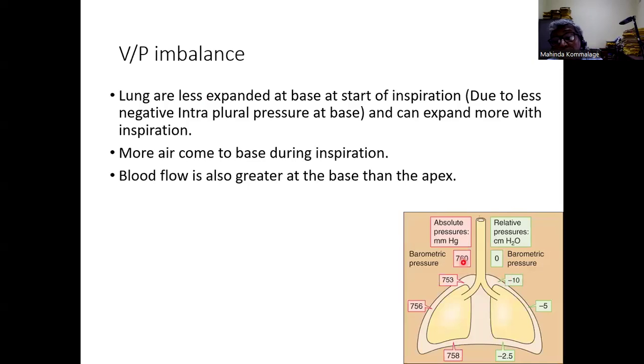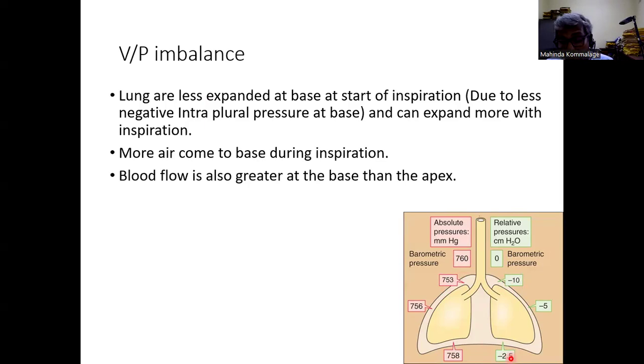Right? If the atmospheric pressure is 760, when it comes to 750, it's -10. When it comes to 758, it's -2, and so on. So here you can see interpleural pressure is low and here is high. Less negative means interpleural pressure is high.